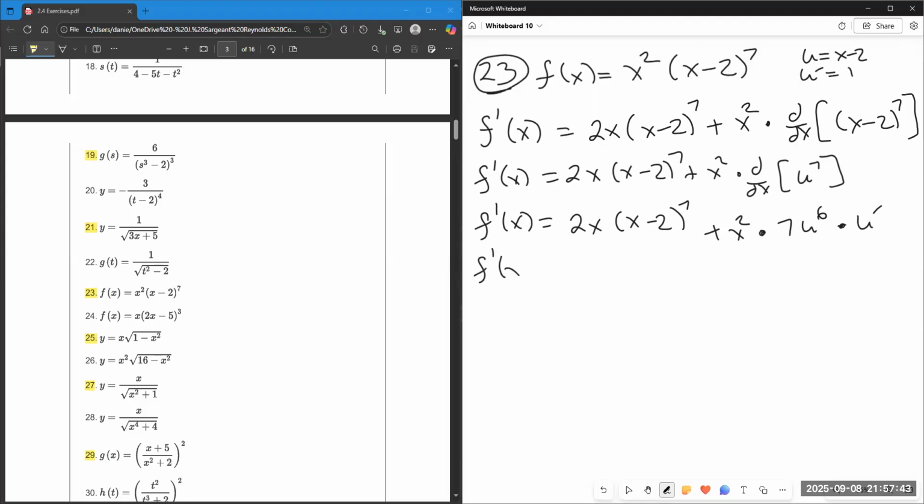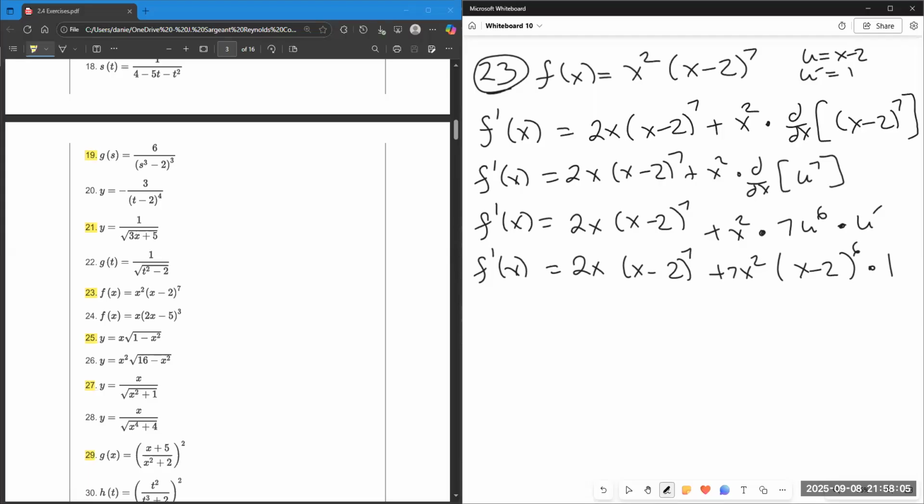So f prime of x is 2x times x minus 2 to the 7th plus 7x squared times u, which is x minus 2, raised to the 6th times 1, which doesn't do anything for me.